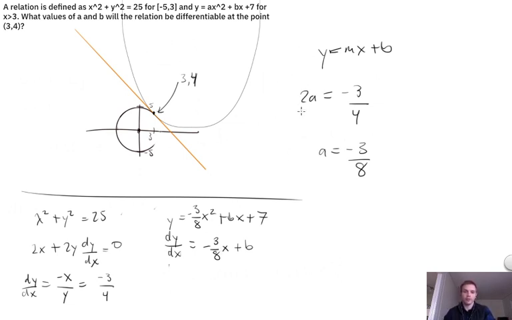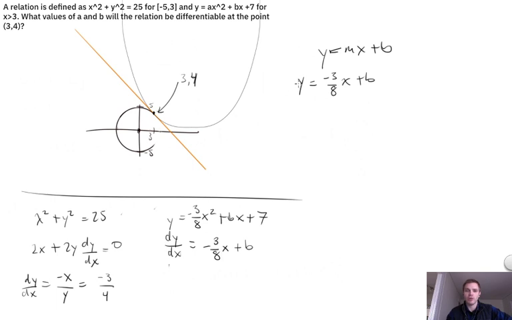Now, using the idea that we have a slope intercept here, we want this line, which is the tangent line, to include the point 3, 4. So let's say y equals negative 3/8 x plus b. Okay, this will be the final shape of our line. This will give us our b.